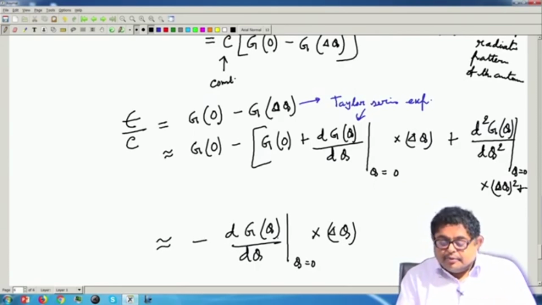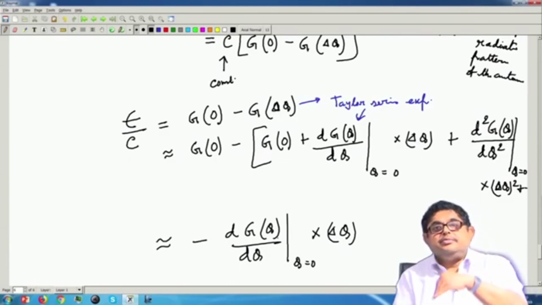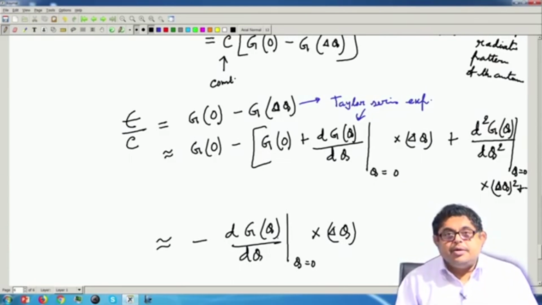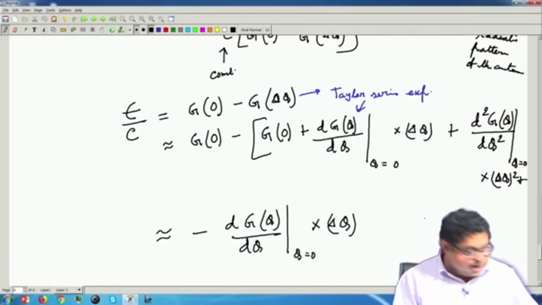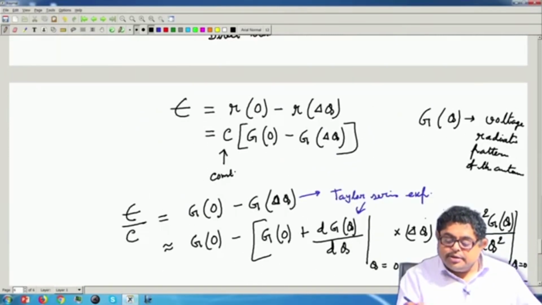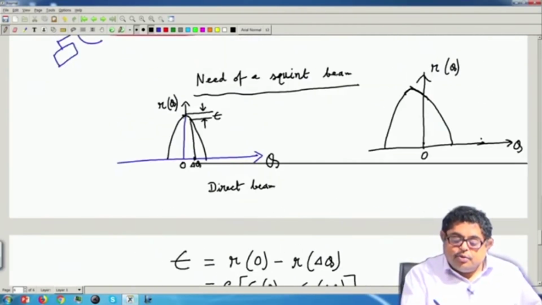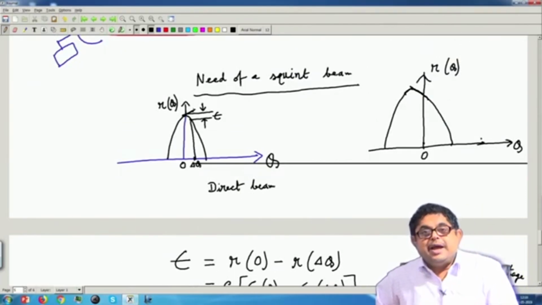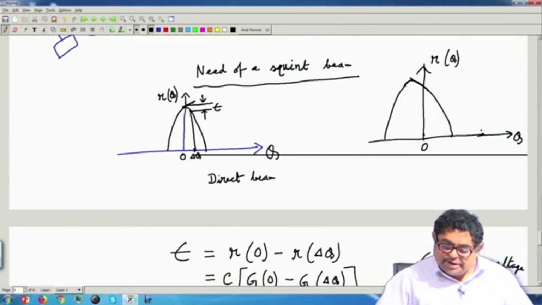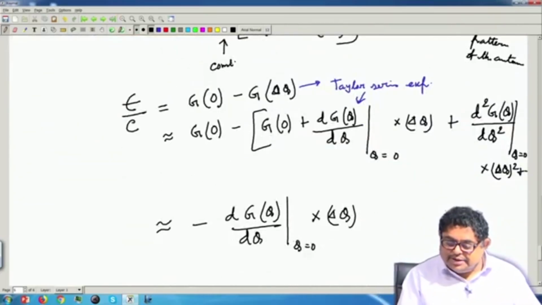That means I require d G theta d theta, or the slope of the radiation pattern curve, to be very high. But what is happening at the direct point? What is the slope at the direct beam point, or at theta is equal to 0? The slope is 0. So, basically the value of this will be almost 0.